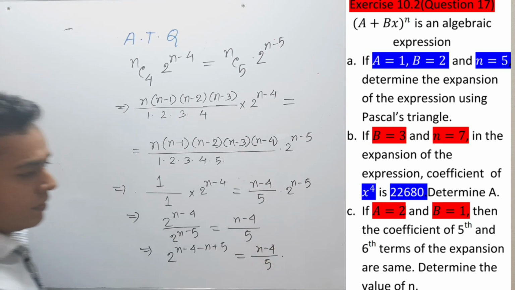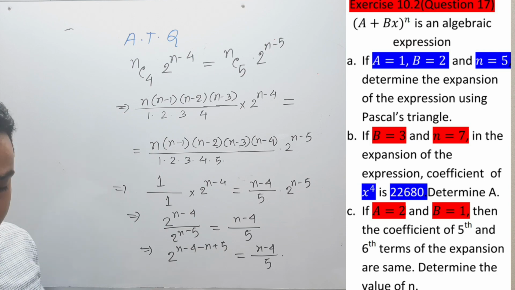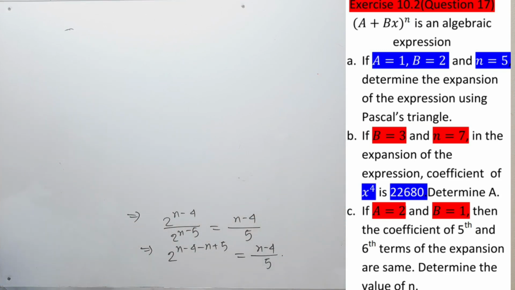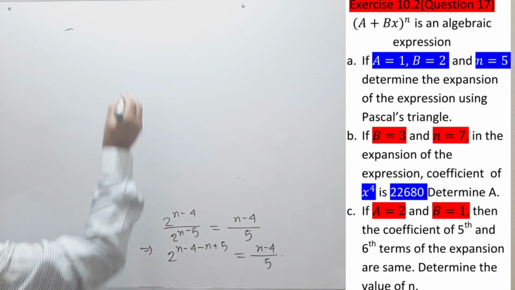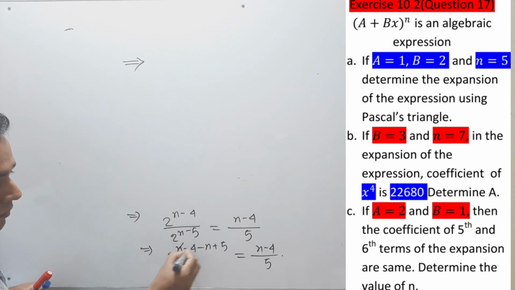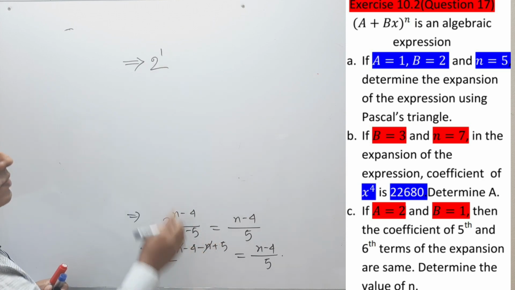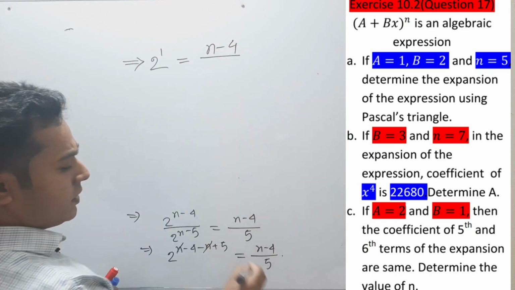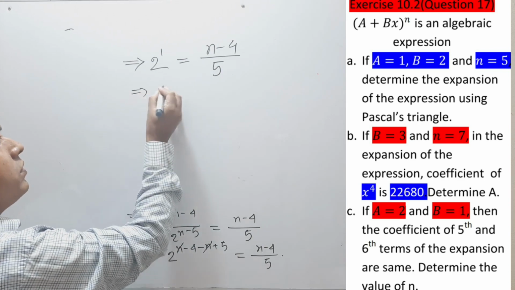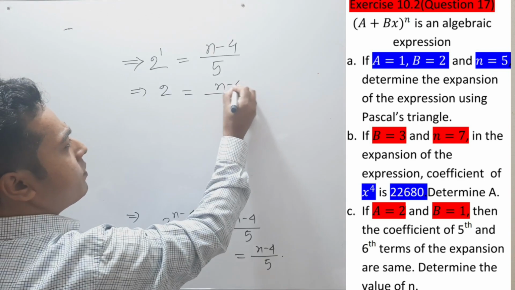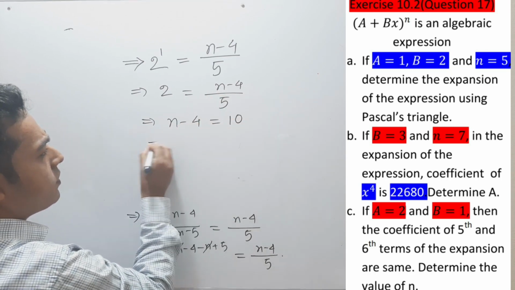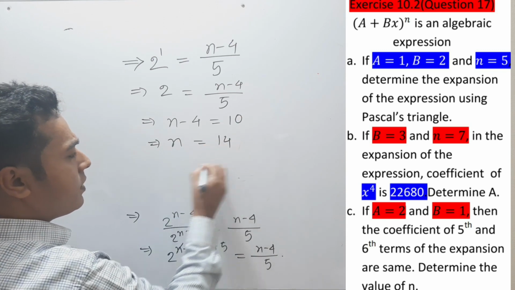So 2 to the power 1 is equal to n minus 4 divided by 5, so 2 is equal to n minus 4 divided by 5. By cross multiplication, n minus 4 is equal to 10, so n is equal to 14. This is the answer of the question.